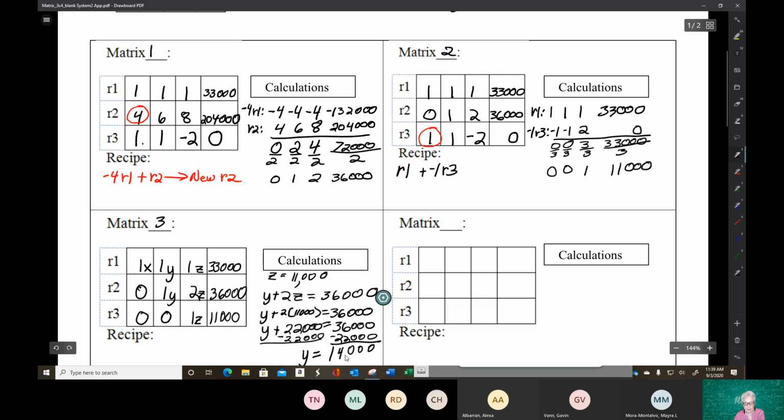So Y is 14,000. Then what I'm going to do is write down row 1, which is X plus Y plus Z equals 33,000. So that's going to be 11,000. And that's going to be 14,000.